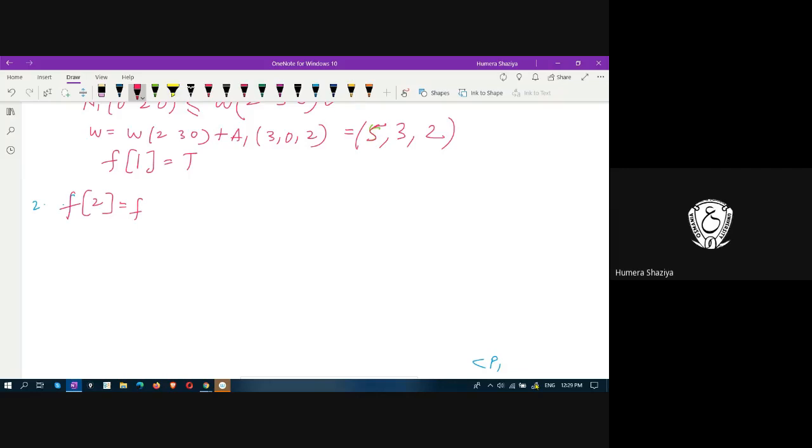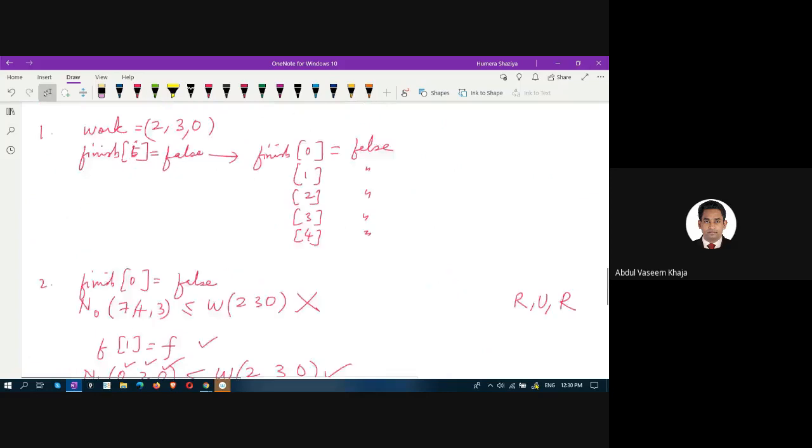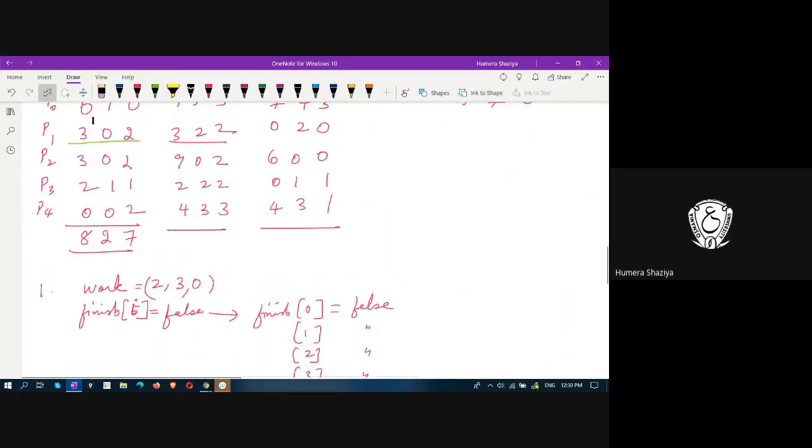Is Finish of 2 false? Yes. Can anyone tell me what the needs of P2 are? P2 needs are 600.